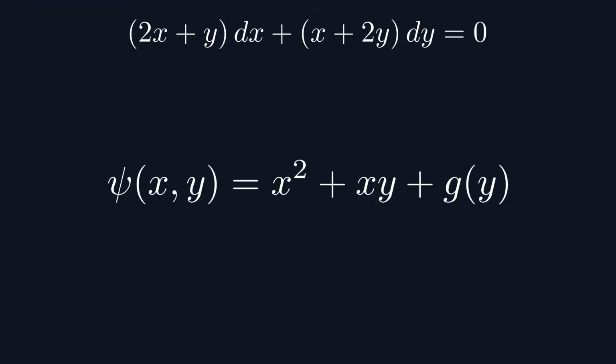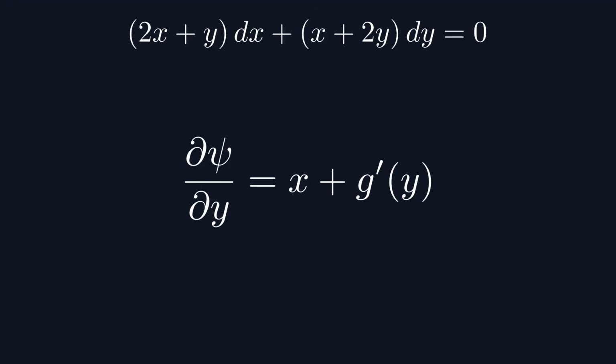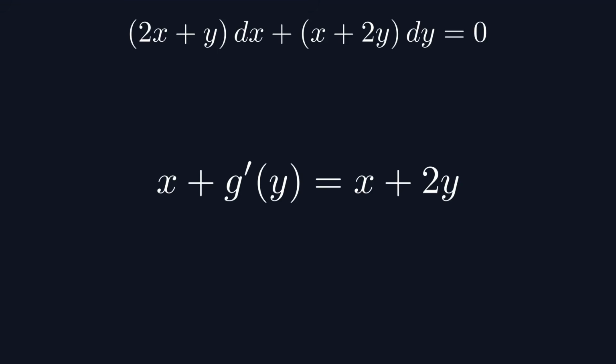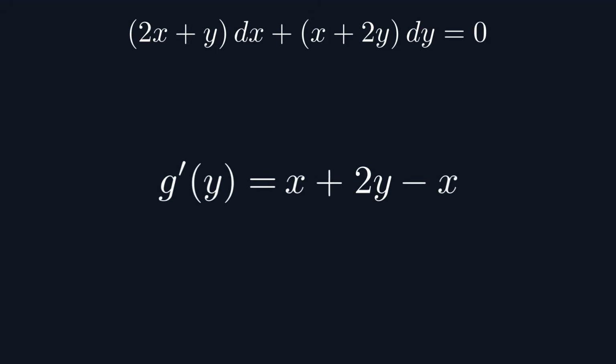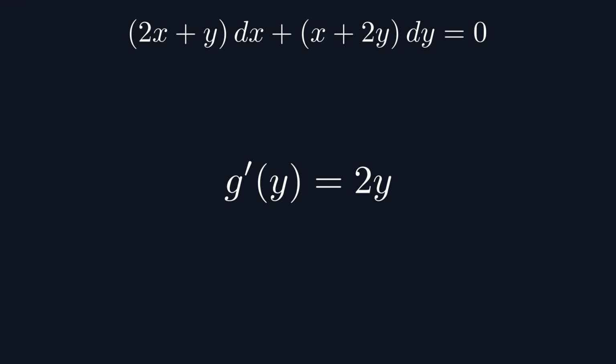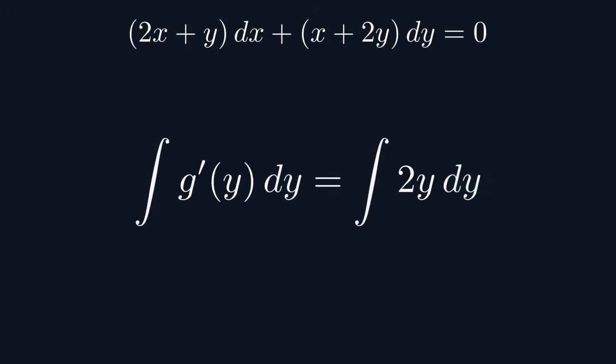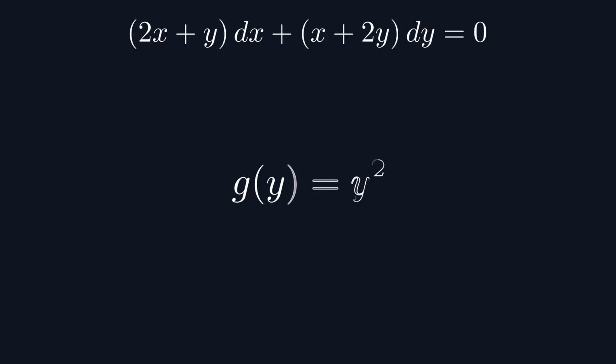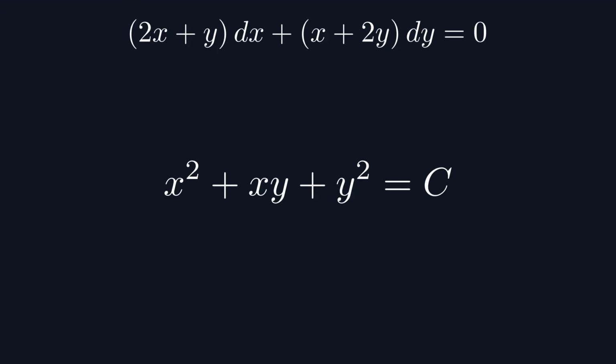To find g of y, we again differentiate the expression with respect to y, then we equate it to x plus 2y. Then we solve for g of y through integration with respect to y. Thus, the solution can be written as this.